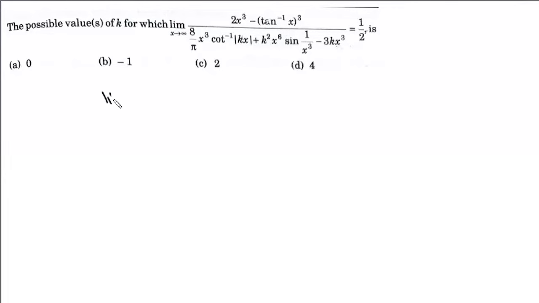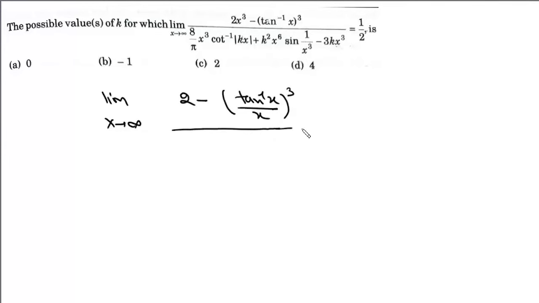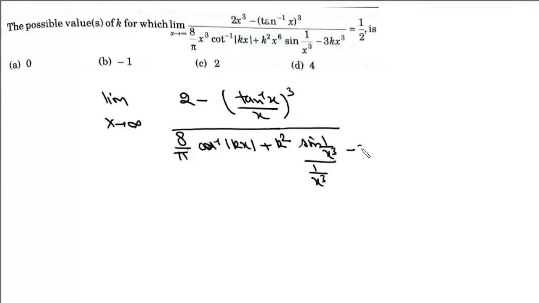So we can write limit x tends to infinity, 2 minus tan inverse x upon x whole cube, and here it will be 8 upon pi cot inverse mod kx plus k square, then sin 1 by x cube, and here we have x cube, which we are going to write as 1 by x cube, and here it is minus 3k, and it is equal to 1 by 2.